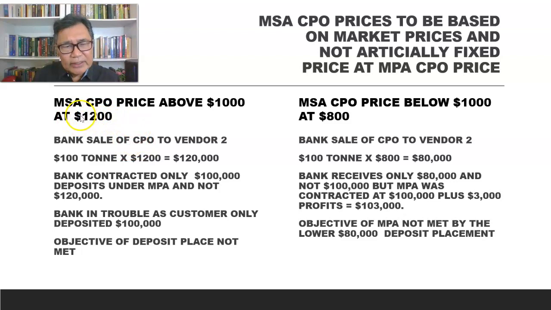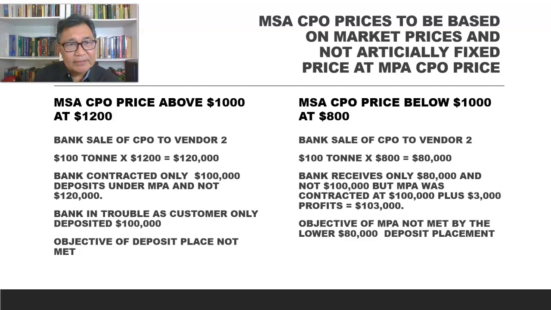Now, let us say that during the master sale agreement, the CPO price has risen from $1,000 to $1,200. So in the MSA, the bank sells the CPO to vendor 2 at $1,200 per ton, and thus the proceeds will be $120,000. So this $120,000 is actually the deposit placement made by the depositor.